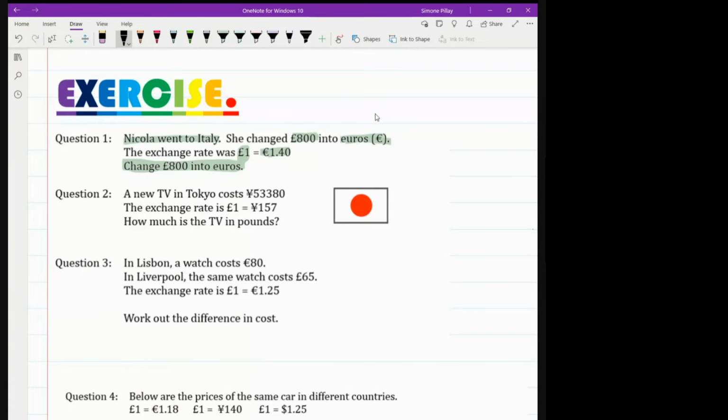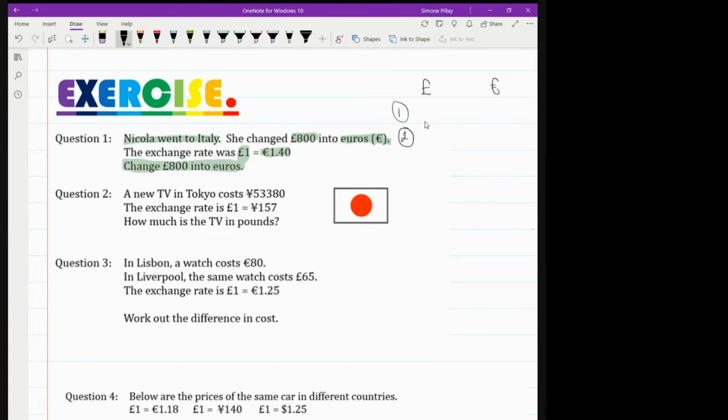So what I want you guys to do, first things first, I always want you to set up a column for your two different exchange rates, or your two different currencies, let me say that. You're going to set up two different columns for your two different currencies. Then under each column, I want us to create an equation, and I want us to create two equations.